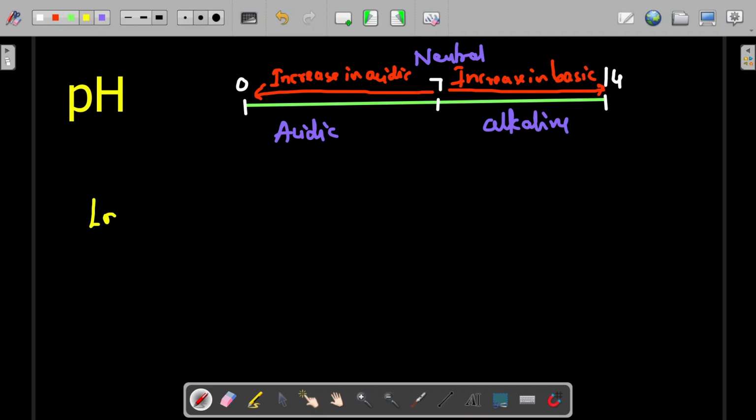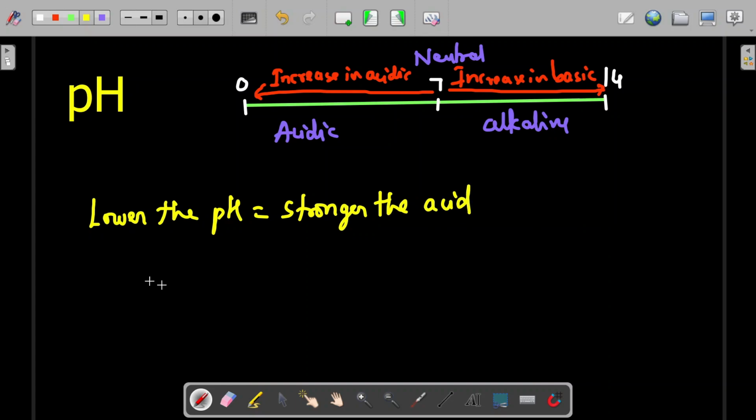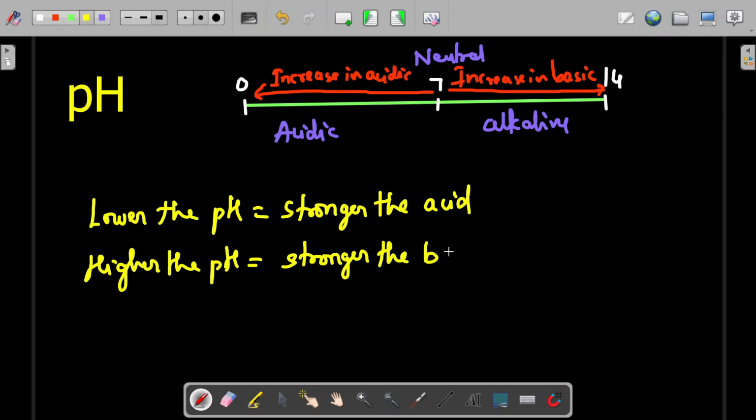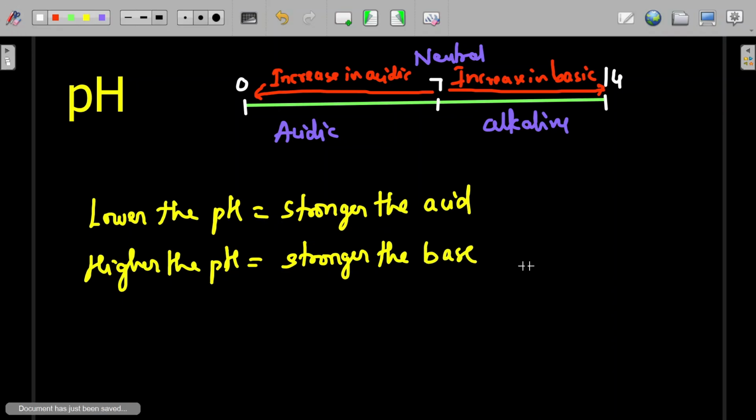Basically, lower the pH, stronger the acid. Similarly, higher the pH, stronger the base. Okay? Simple thing.